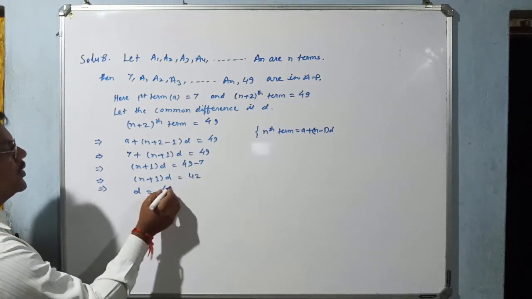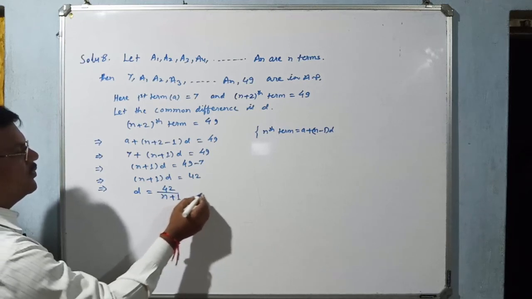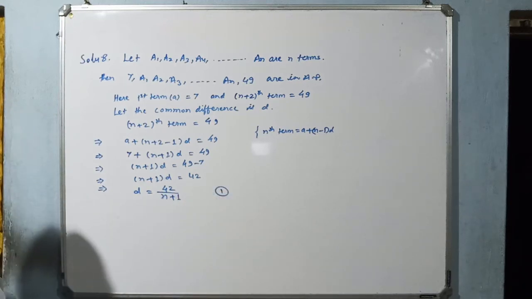D is equal to 42 upon n plus 1, equation number 1.